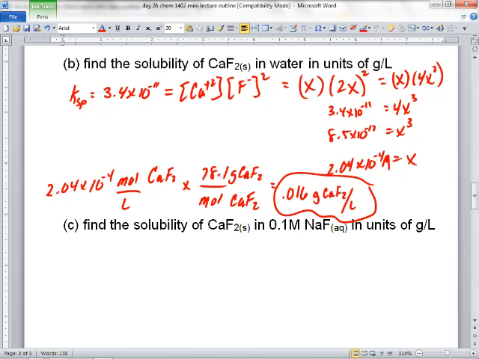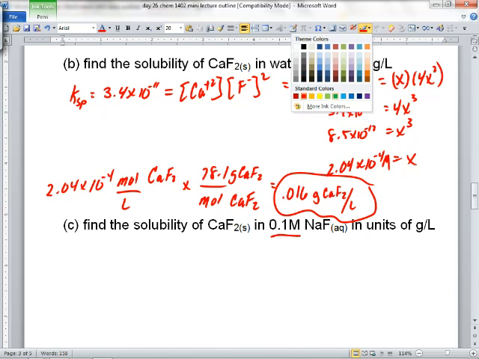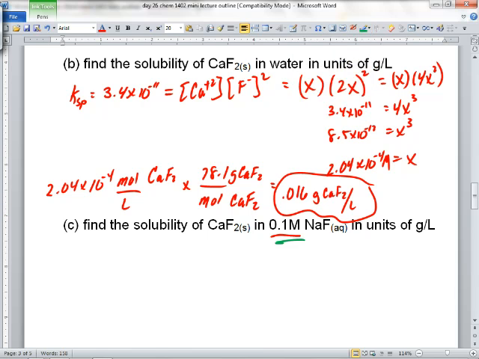Yeah, so this number is going... This 0.1 molar, is going to go where? The initial for fluoride. Exactly. So go ahead. Put in the initial for fluoride. See how that changes your answer.